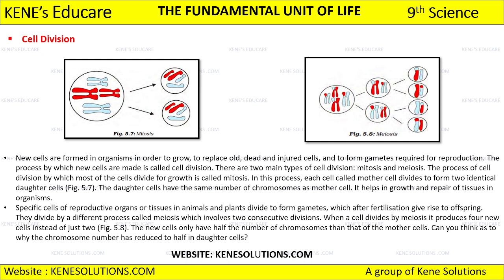We have two types of cell division, mitosis and meiosis. Both types are very important, because cell division is the reason why life exists on earth. The cell keeps on dividing continuously, because of which our body has been formed properly.